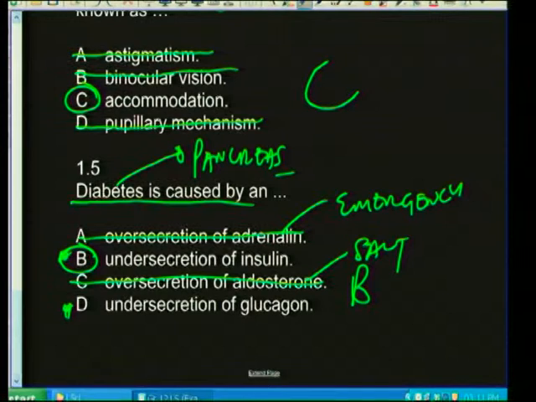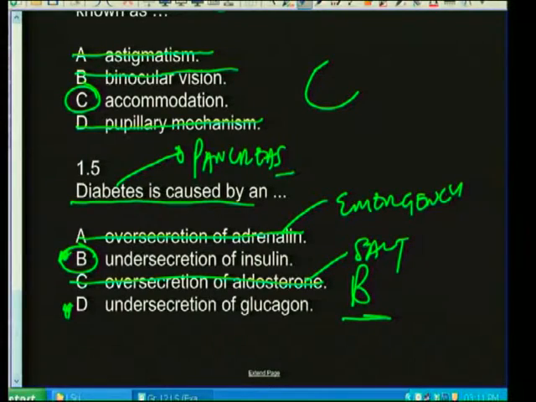The one that we learn is diabetes mellitus, where the person cannot reduce his sugar level. He has a high sugar level. And this one is associated with either a deficiency in insulin, under secretion, or the insulin is not working properly. So therefore, in this case, the most correct answer would be B, the under secretion of insulin. I'm hoping we're good with that.